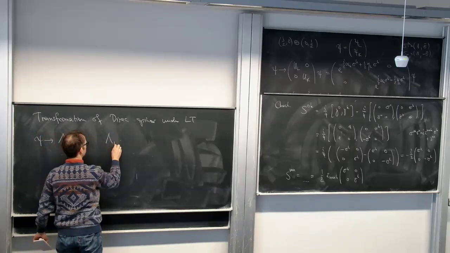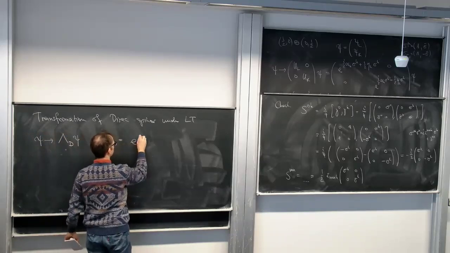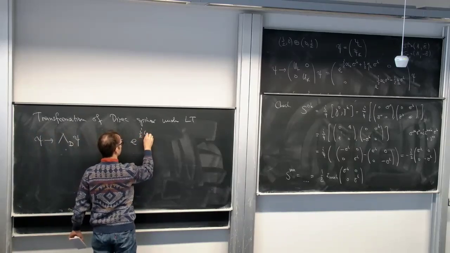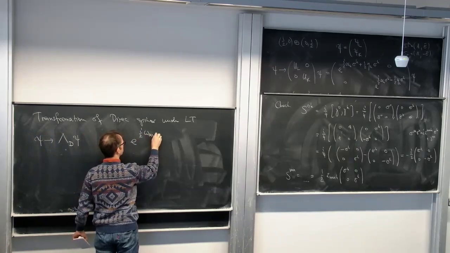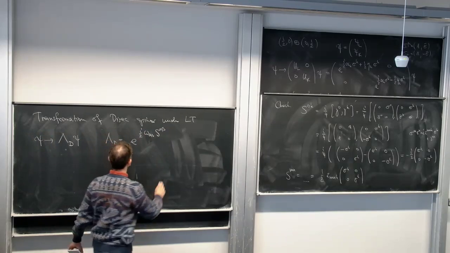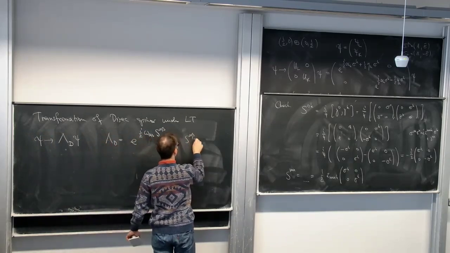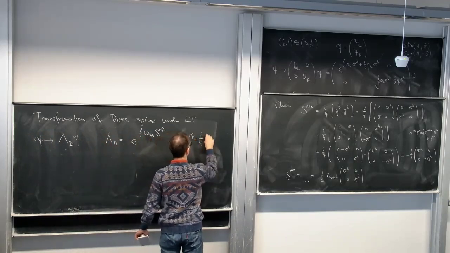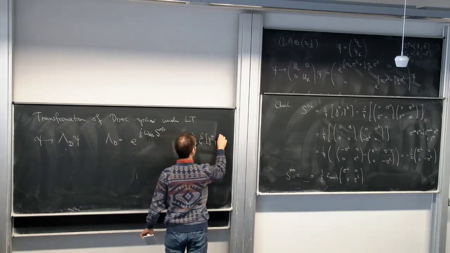And the lambda d is e to the i half omega alpha beta S alpha beta, with the S alpha beta being this.